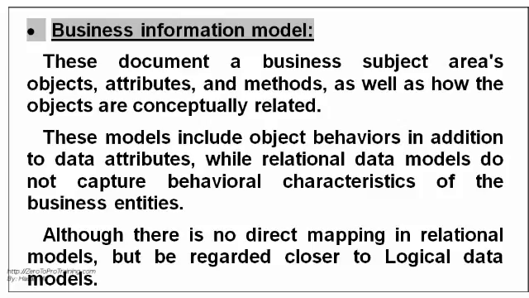Next, business information model. These document business subject areas, objects, attributes, and methods, as well as how the objects are conceptually related. These models include object behaviors in addition to data attributes, while relational data models do not capture behavioral characteristics of the business entities, although there is no direct mapping in relational models, but regarded closer to logical data models.